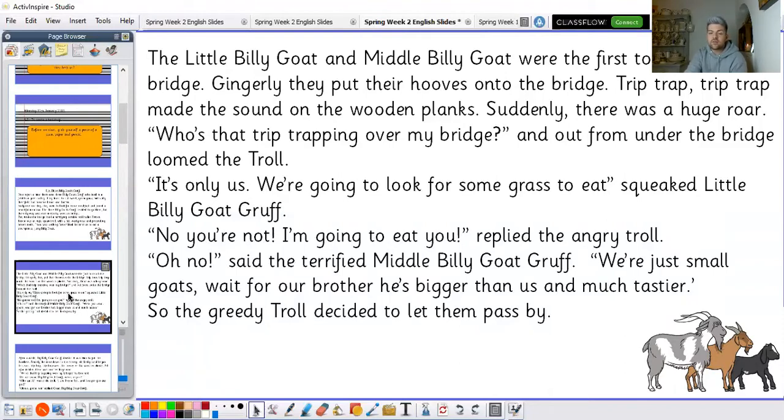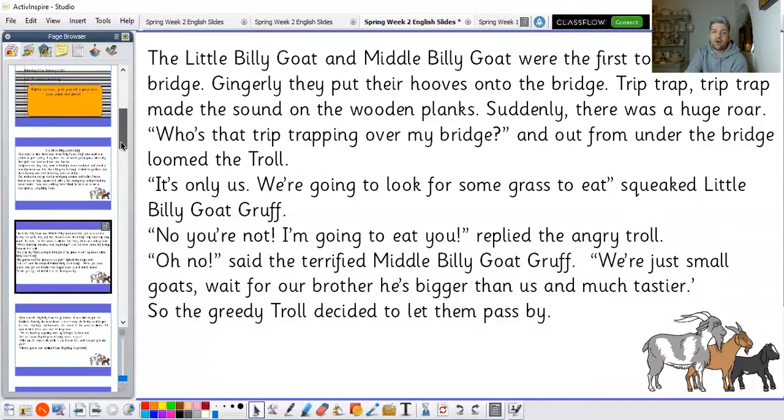We're going to look for some grass to eat," squeaked little Billy Goat Gruff. "No, you're not. I'm going to eat you," replied the angry troll. "Oh no," said the terrified middle Billy Goat Gruff. "We're just small goats. Wait for our brother. He's bigger than us and much tastier." So the greedy troll decided to let them pass by.